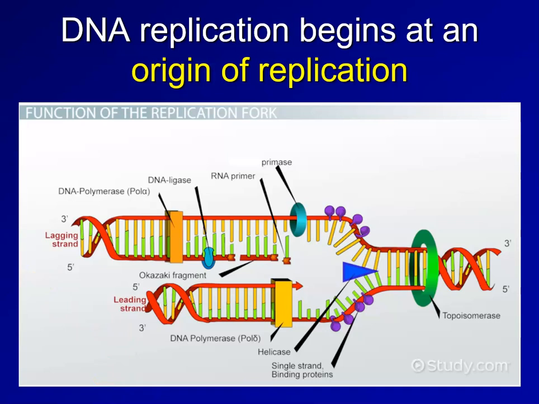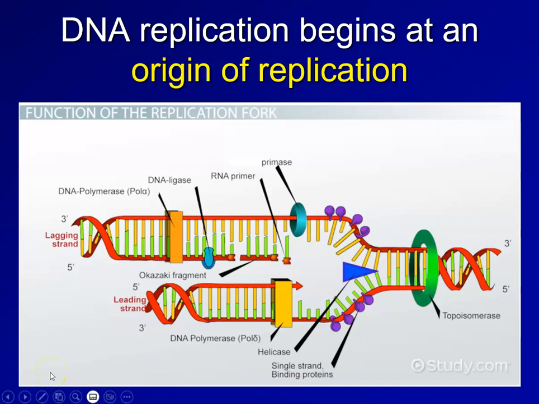Remember, A pairs with T, G pairs with C. So you can see that over on the far right. That would be like the parental DNA double helix there, still together and still wound up into that helical pattern.